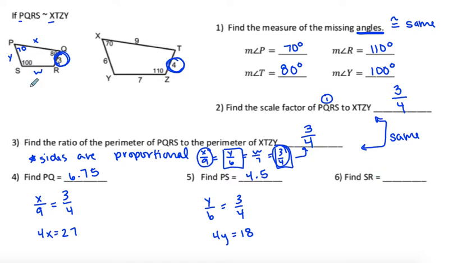And the last one, S to R, which I've put W. So this is where W, again, goes with 7, the same way that 3 goes with 4. So because all of these are equal, I'm just using that 3/4 over and over again because it's a scale factor. So again, I get 4W equals 21, and I think we're going to get another decimal here of 5.25.